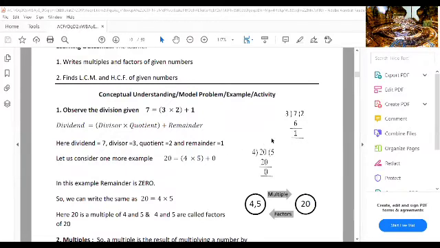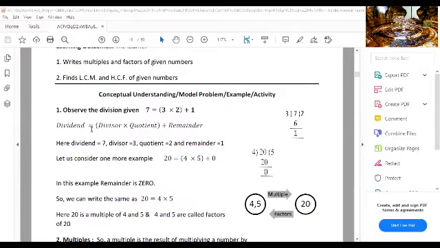How do we write here? 7, that means the dividend, can be written as 7 equals 3 into 2 plus the remainder 1. 3 2s are 6, plus 1, that we get 7. Simply we write this 7 is the dividend place.